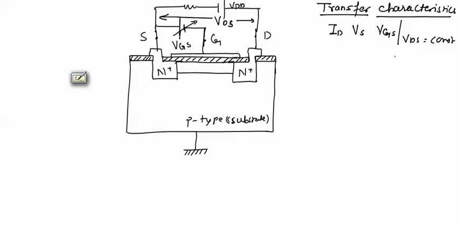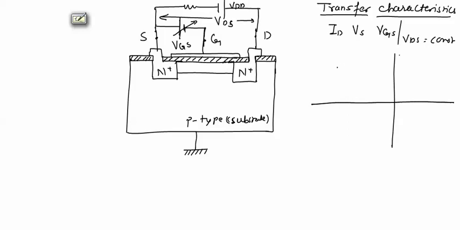Now as VGS is negative, the curve will be again in this quadrant. On this axis we will plot drain current ID, and on this axis we will plot VGS.